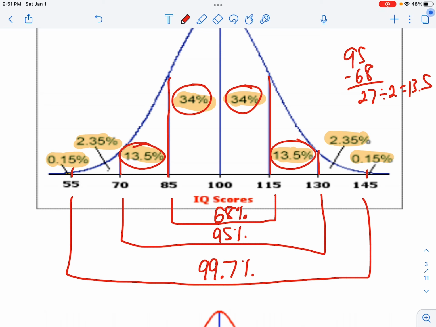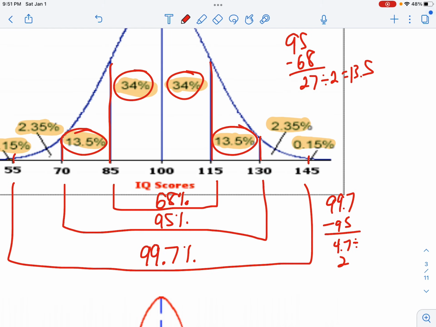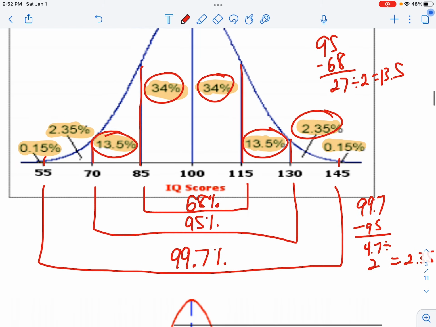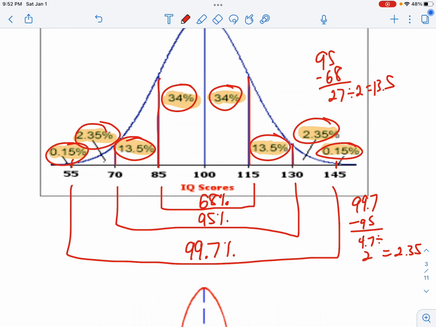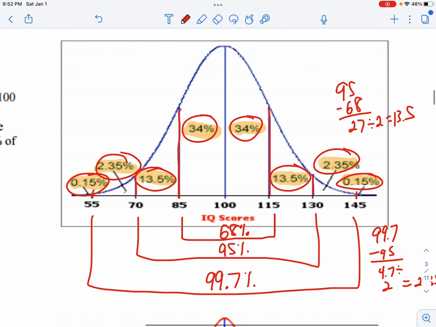So if you subtract 99.7 minus 95, you get 4.7, and then divide that by 2. You get 2.35, which is this and this. All right, and then finally the very, very farthest reaches, at the very outskirts of the bell curve, is 0.15% and 0.15%. Those are the extreme outliers. So these percentages never change. These are always the percentages for the normal curve.